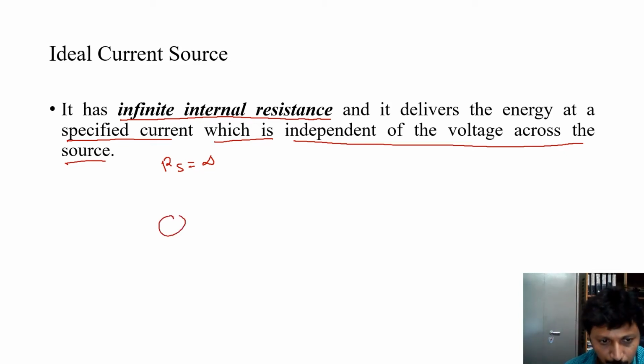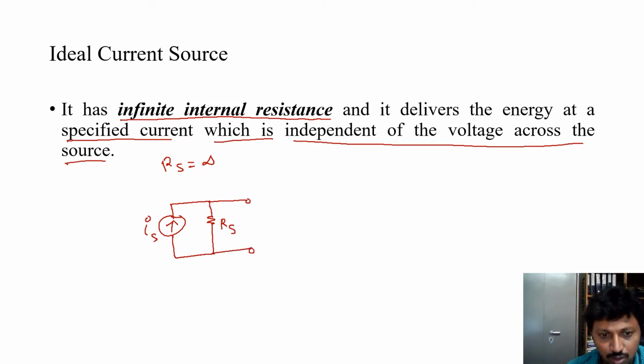Suppose you take an ideal current source symbol, that is Is, right? It has a resistance, that is Rs. And this is the terminal voltage, plus and minus, which I am going to represent as V0.